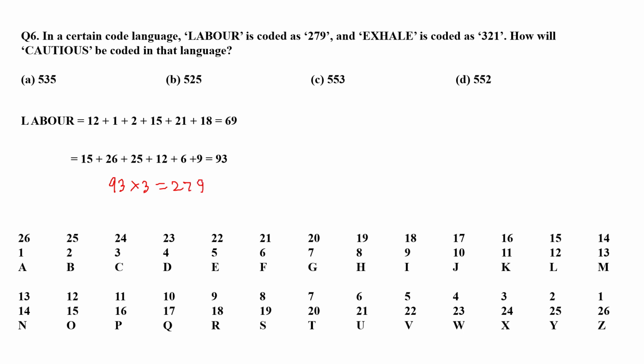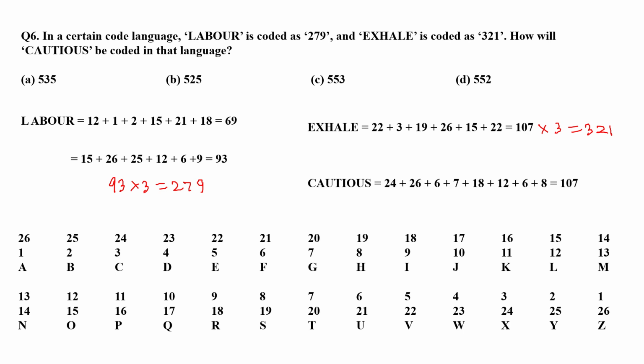So this is one possibility. Same with Excel: I got the sum as 107, and when I multiplied it by 3, I got 321. The same pattern for cautious: I got the sum as 107 here also, and multiplying by 3, again I get 321.